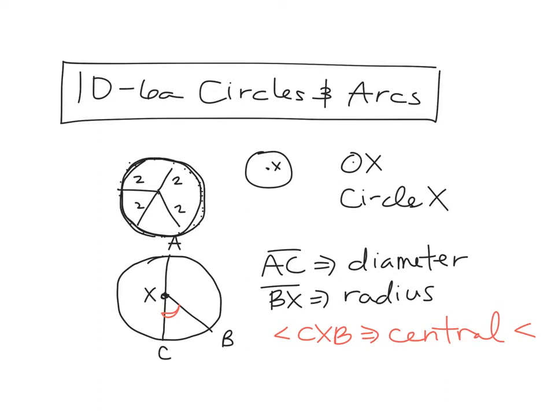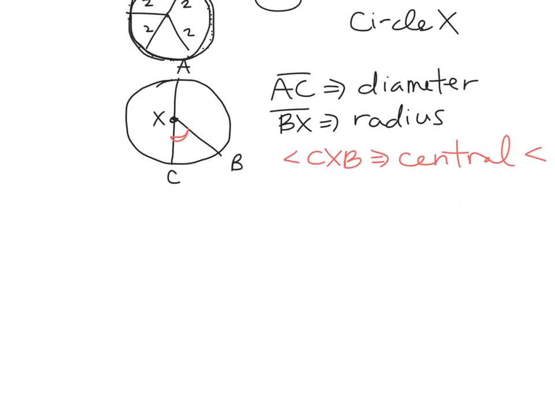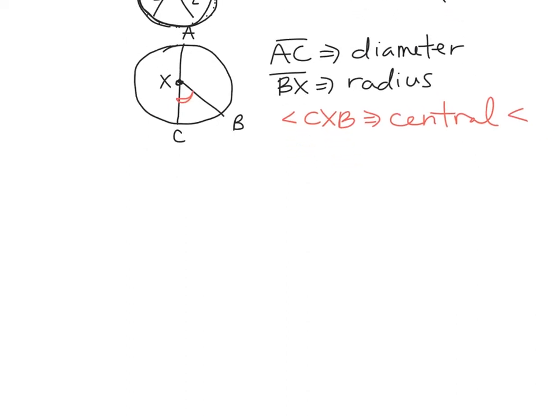Okay, so here's what we're doing. In this circle, we're going to have what are called arcs. An arc is just a part of the whole circumference, the whole distance around the circle. So I'm going to give you a circle, and then we're going to label it and show the different parts of it here.